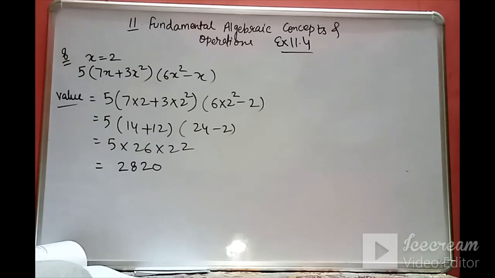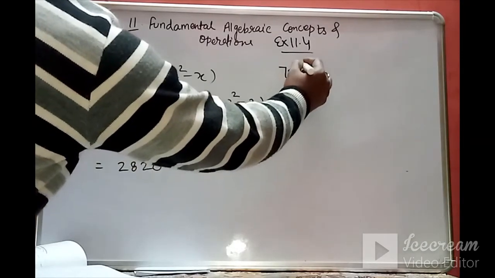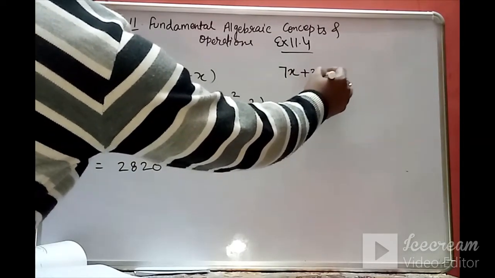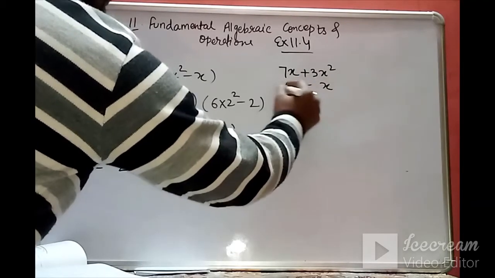So we have multiplied. Similarly, we will do the multiplication here. So (7x plus 3x square) into (6x square minus x).